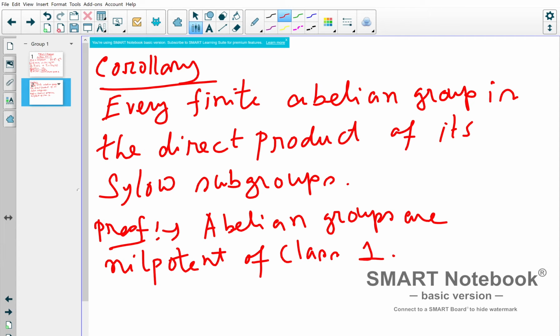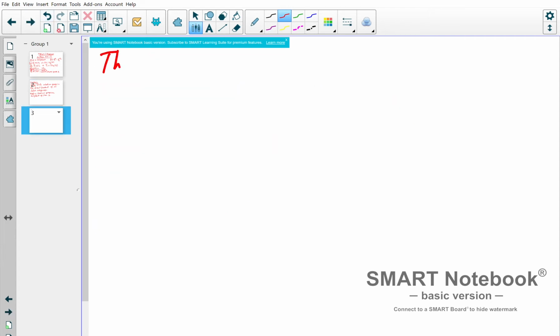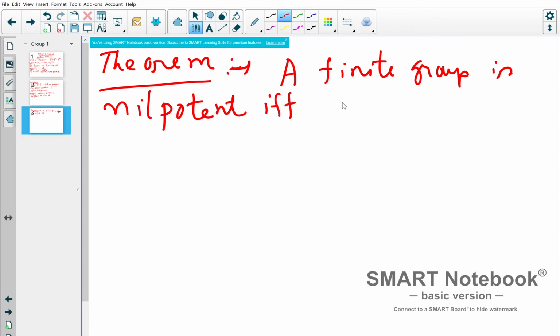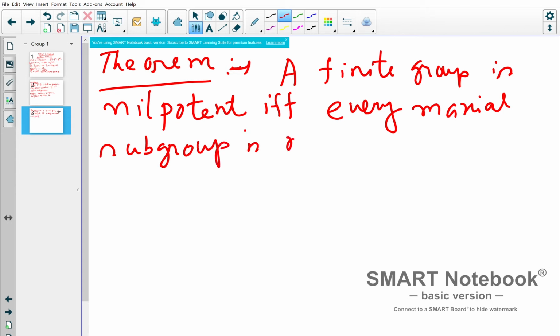Yeah, but now we are going to give one of the most fundamental theorems, and this theorem tells you that a finite group is nilpotent if and only if every maximal subgroup is a normal subgroup.